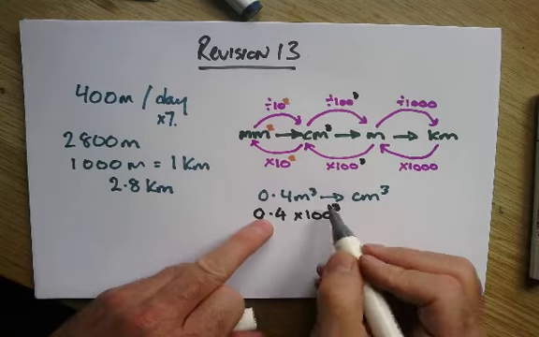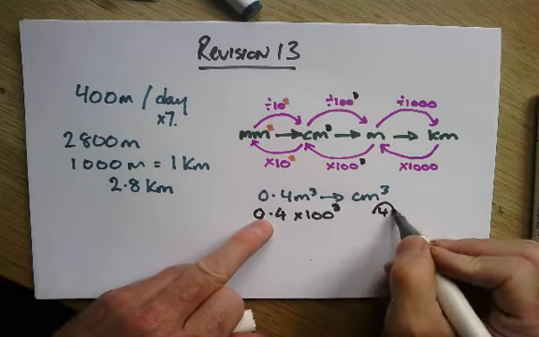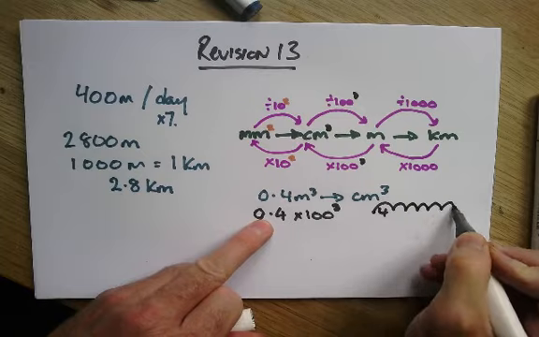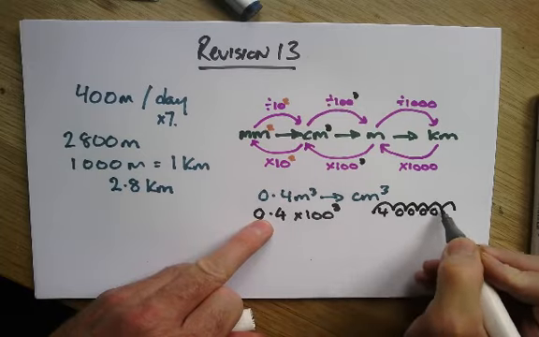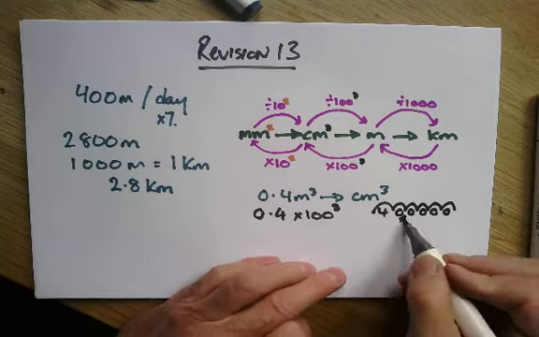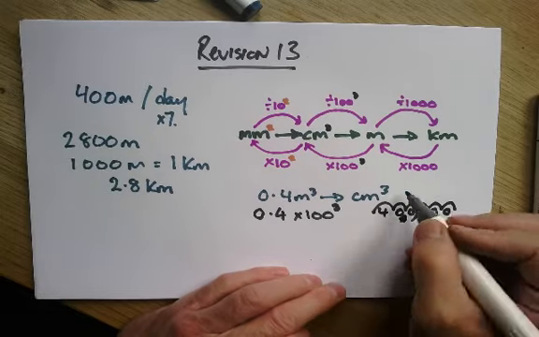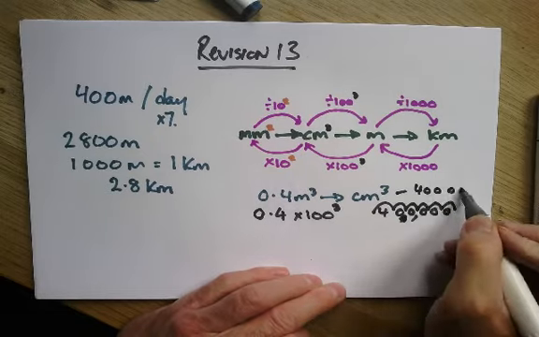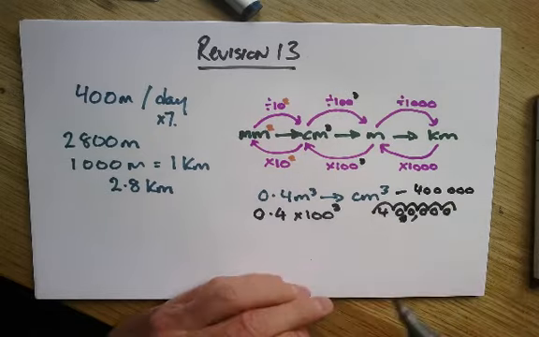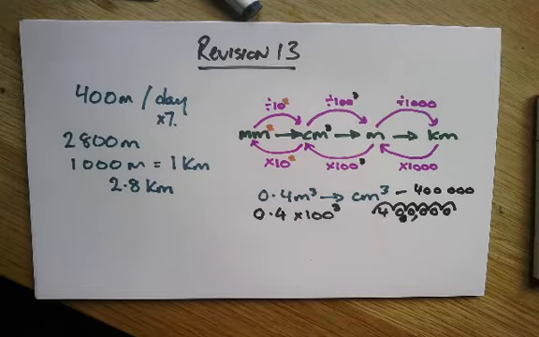So I'm going to go 1, 2, 3, 4, 5, 6. So that is therefore 400,000 centimeters cubed. And I use this system to help, which is really good.